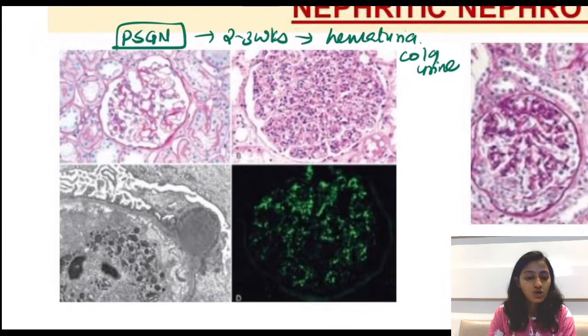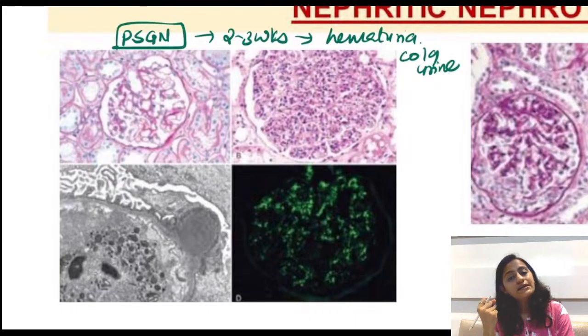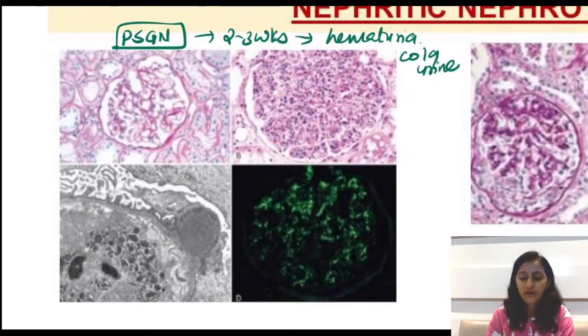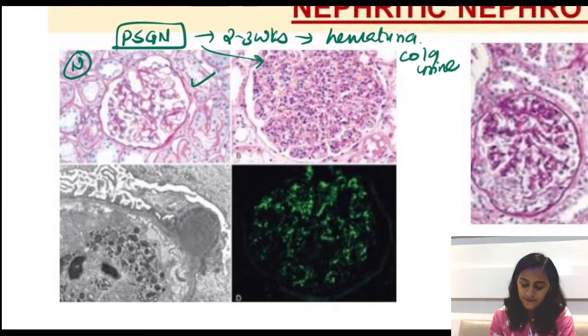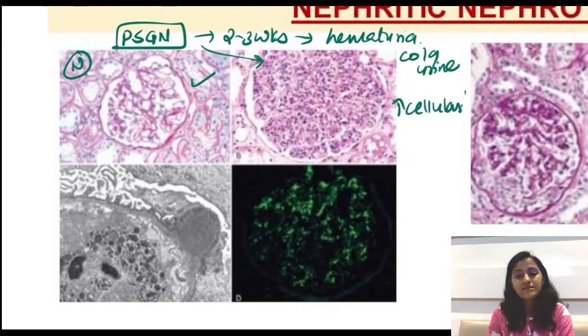Because it is post-bacterial, there are going to be a lot of WBCs and inflammation. Look at the normal glomerulus and look at PSGN: how much cellularity there is. You can see so many cells there, while you don't see a lot of cells here. Proliferation with hypercellularity is the feature here in PSGN.